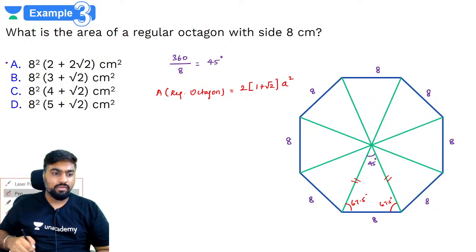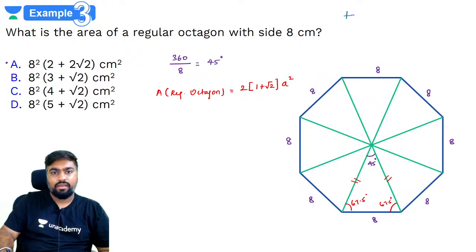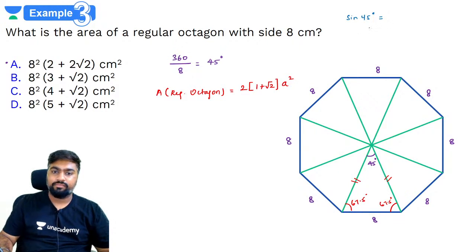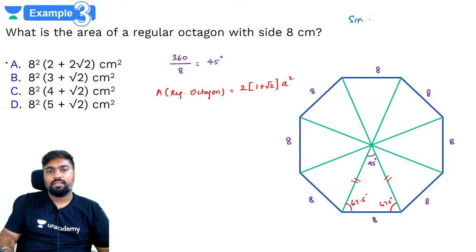If I use trigonometry here, tan 45 is 1, sorry, not tan 45, sine 45 if I go for. Again opposite, there's no adjacent, there's no 90 degree here, right? No hypotenuse, so again we get stuck. You'll either have to go for sine theta by 2. This concept becomes complex.